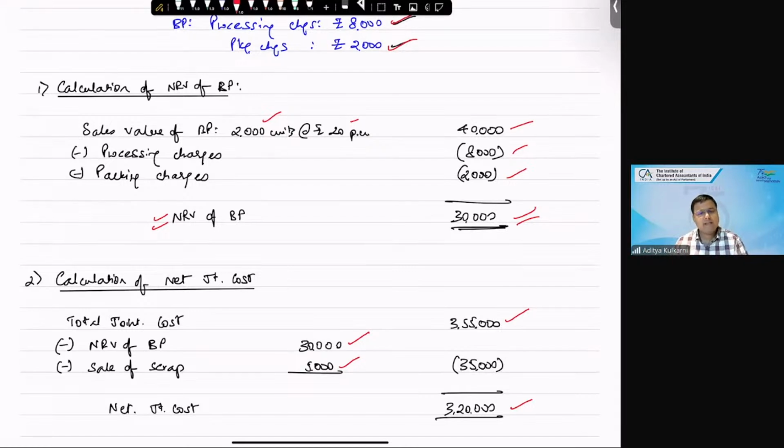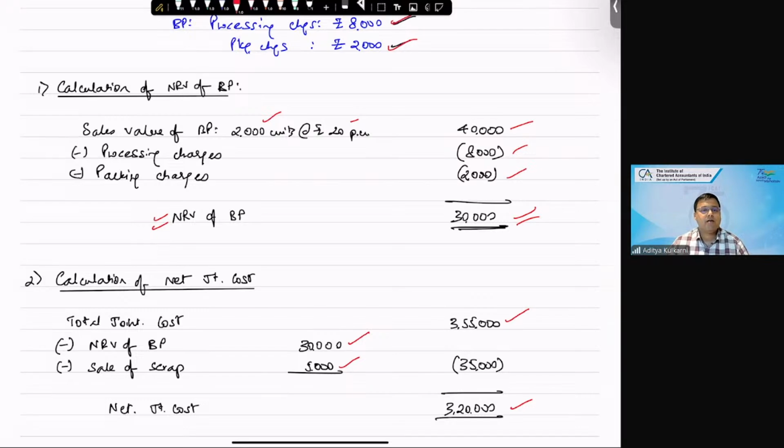Are we okay with this so far? Yes. So I have given the same treatment to the byproduct as that of scrap. I have calculated the NRV and deducted it from total joint cost to arrive at net joint cost. Is it okay?